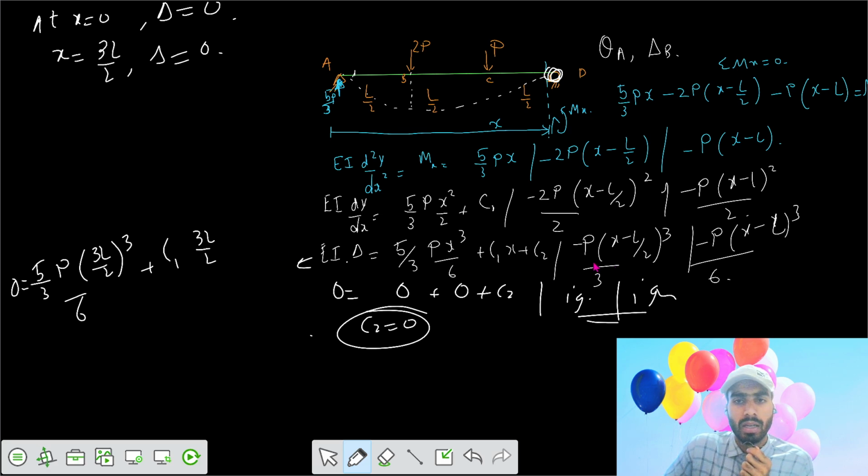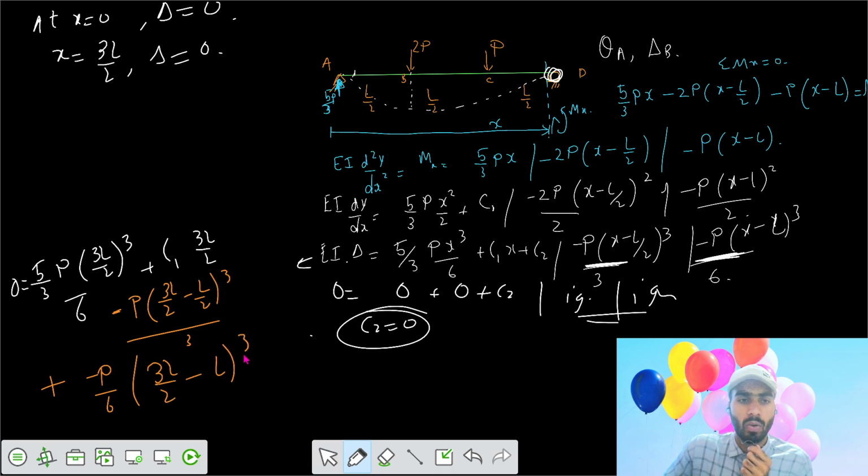Then this term is also valid and this term is also valid because the value of x, 3L by 2, is greater than L by 2 and also greater than L. So we can also use those terms. Then we write minus P into (3L by 2 minus L by 2) whole cube divided by 3, plus minus P by 6 (3L by 2 minus L) whole cube.